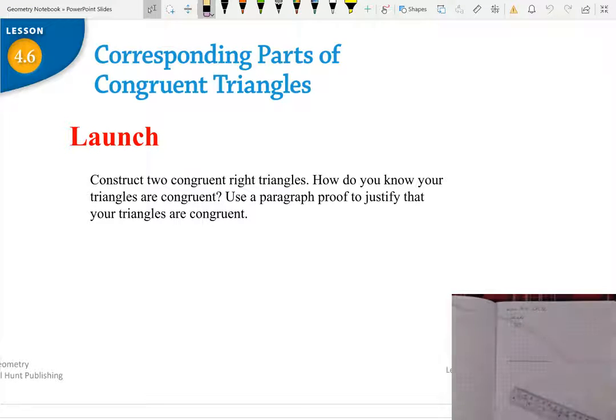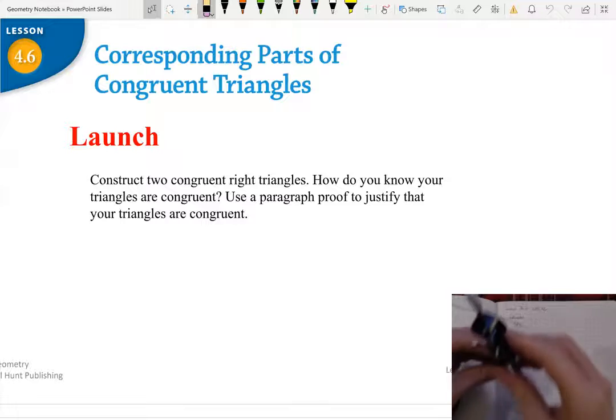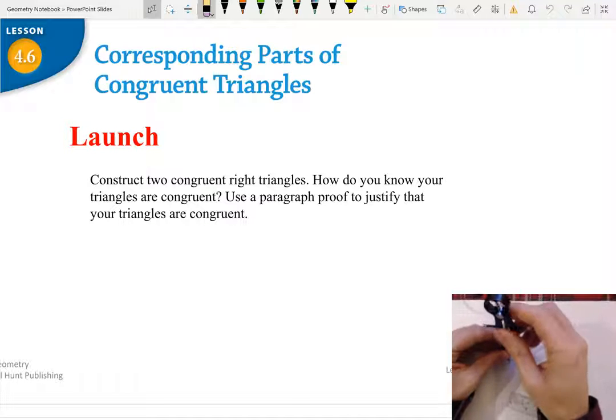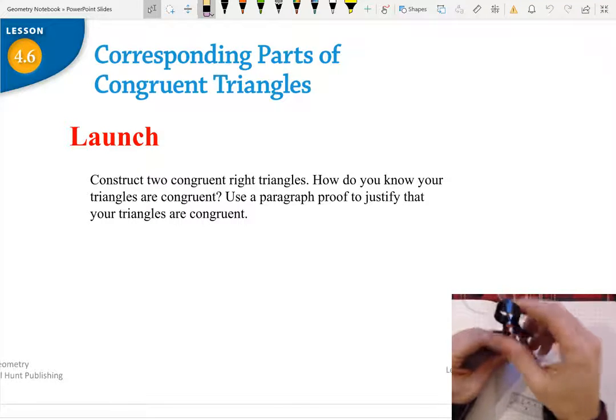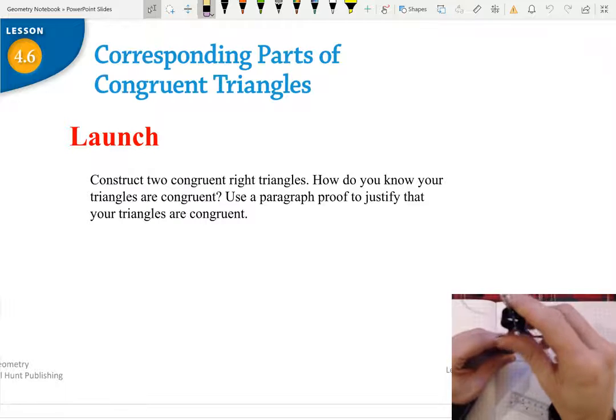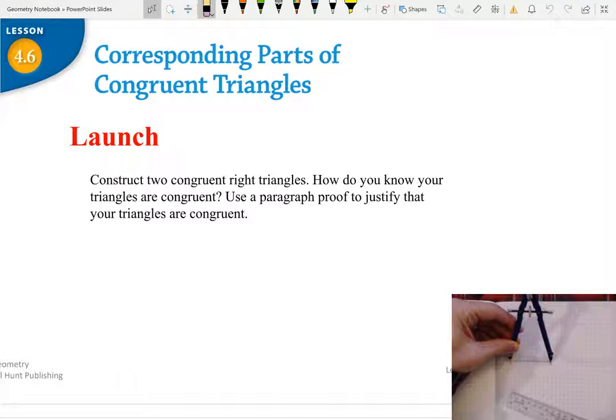Okay. And I'll label the endpoints A and B. Now, I didn't want to make it so long that I can't duplicate it, right? So I'm going to measure the distance of it with my compass, and then I'll come over here and put a point.